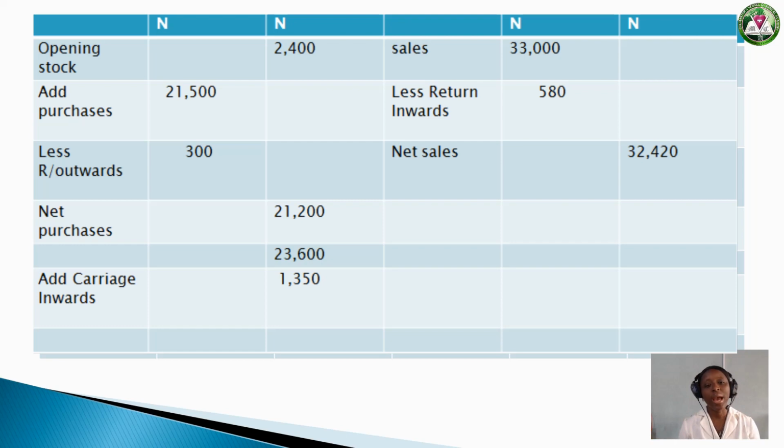Yes, we have 21,500, in the first naira column. Is there any return outwards in the illustration? Yes, we have return outwards. Who can tell me what return outwards is?